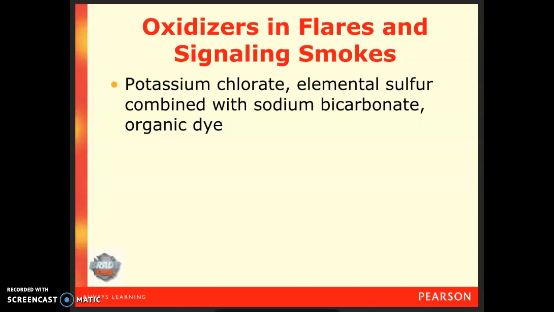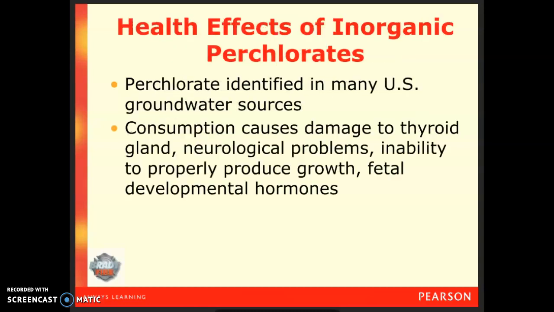Moving away from the things that explode and that go boom, some other potential oxidizers: perchlorates. We mentioned perchlorates as one of the possible ingredients in fireworks, although it's far less commonly used. Perchlorates have a special danger here in the United States because in a lot of places they've been identified as part of the groundwater supply.